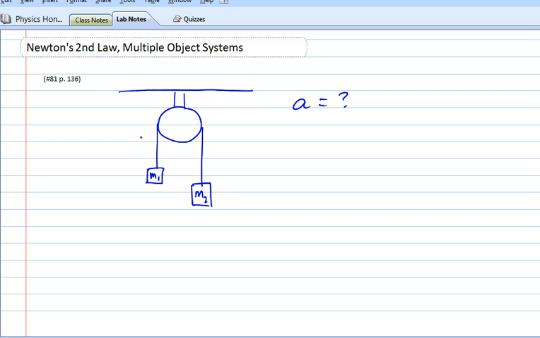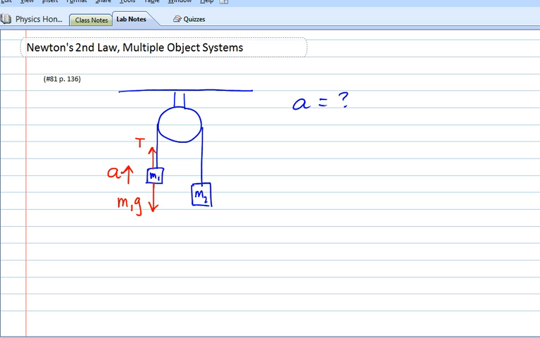So for mass M1 on the left, we're going to have a tension going upwards, and we're going to have a force of gravity equal to M1G. And for this, we probably can guess that because it's a smaller block, and it's on the left side and M2 is a little bit bigger on the right, that it's probably going to accelerate upwards. That seems like it would make sense.